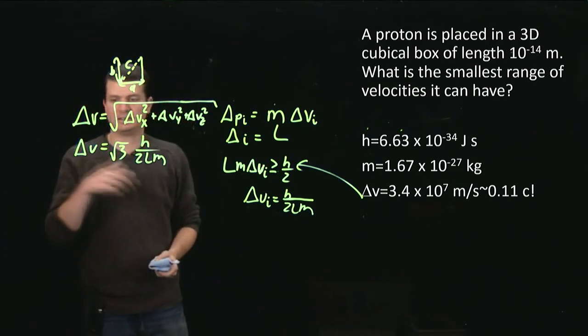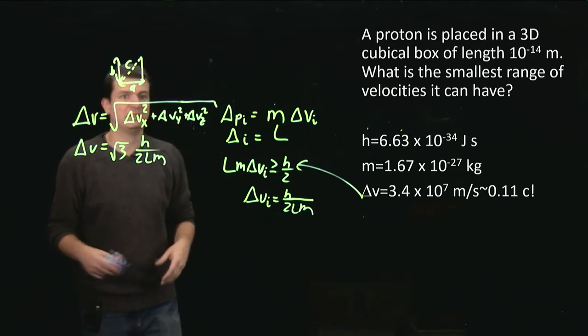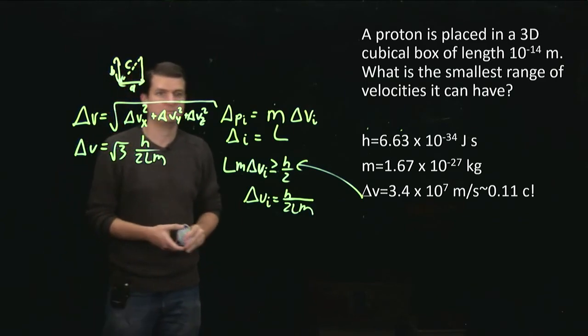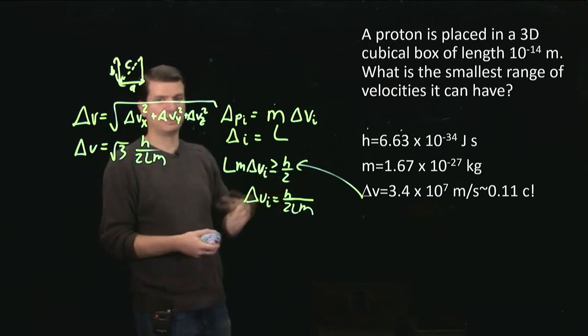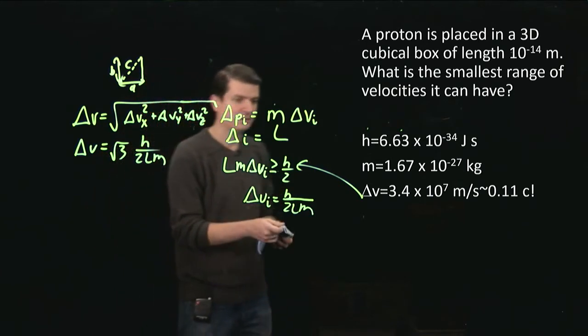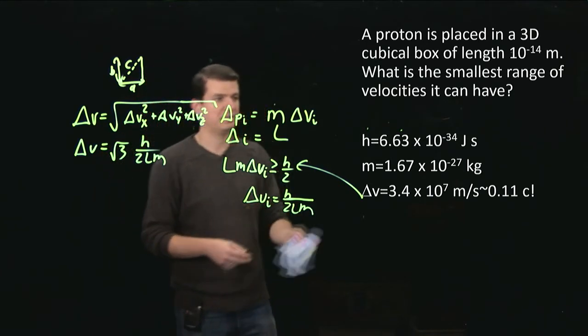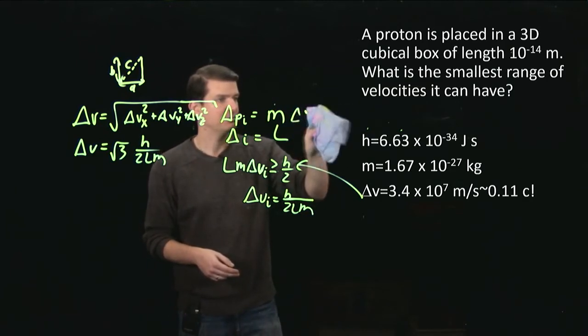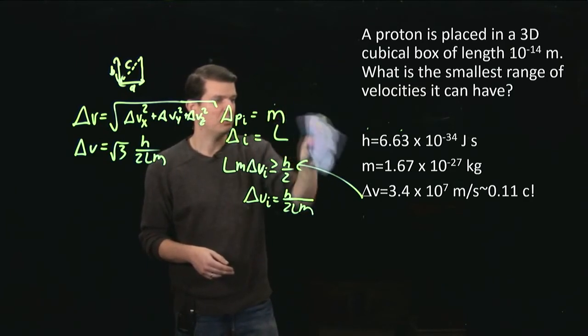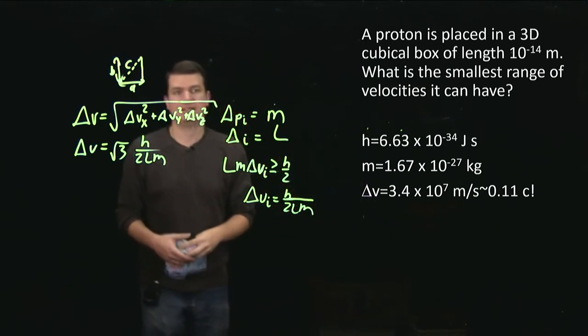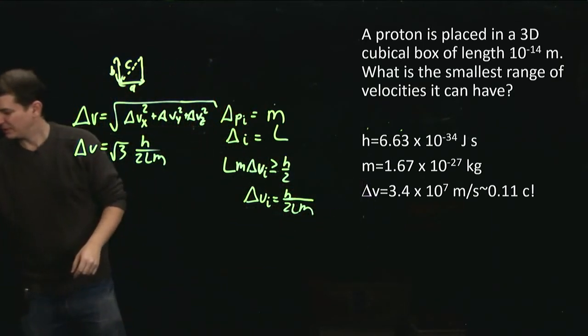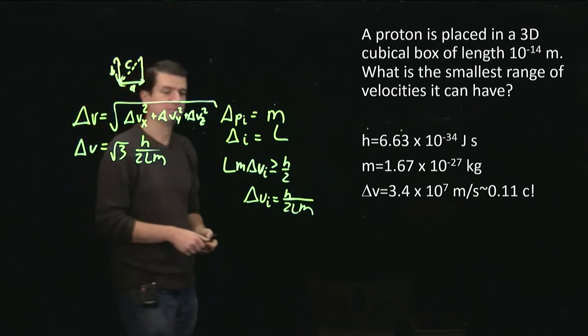And so if you put that in, then delta v ends up equaling 3.4 times 10 to the 7th meters per second. If you turn that into something about the speed of light, that happens to be about 1/10 the speed of light, a little bit more than 1/10. And if you want to make this properly into the range, you assume that it's centered about 0.